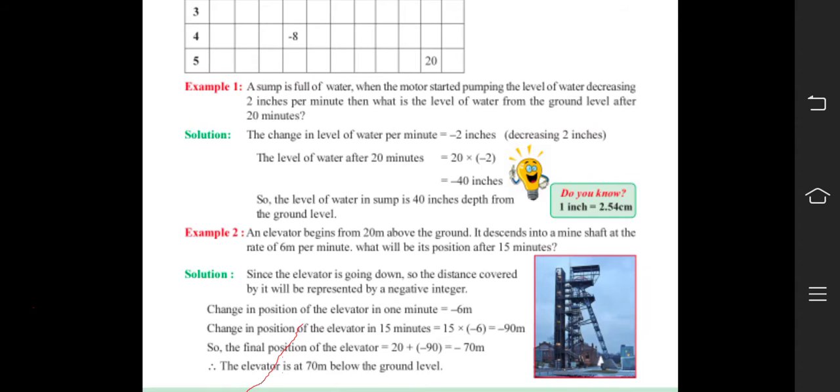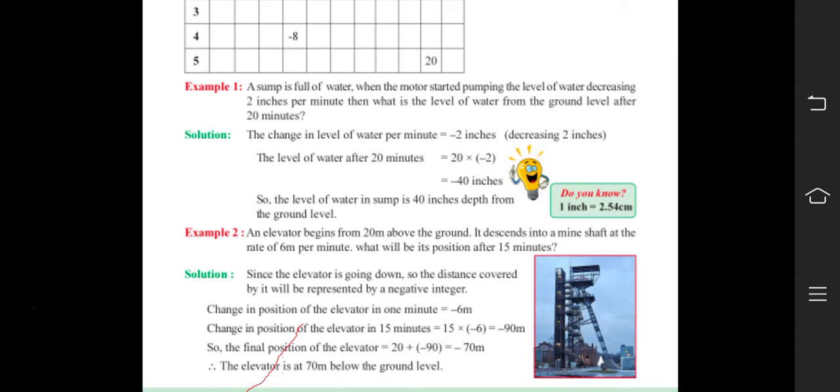So that's why we are taking minus 6 meters. Next, change in position of the elevator in 15 minutes. So that's why 15 into minus 6. 15 into 6, how much? 90 meters. Here one negative is there, no? That's why you should take minus 90 meters.